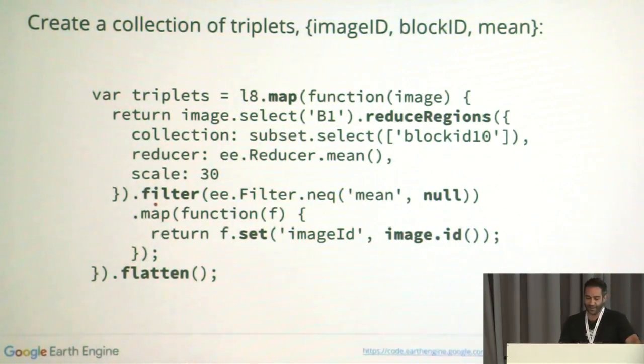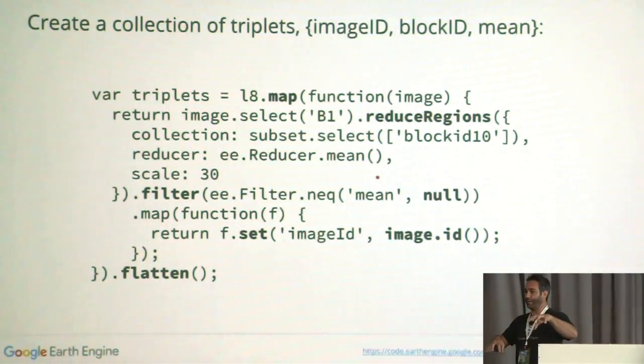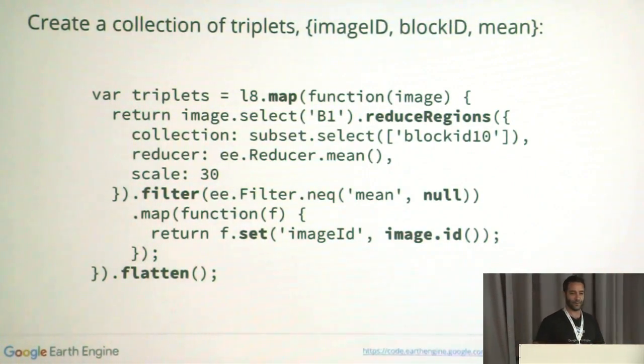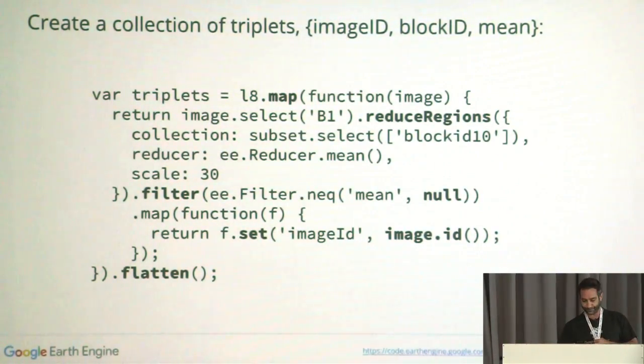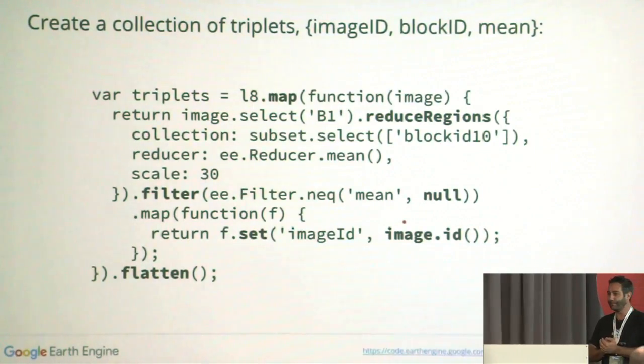Next, filter this to make sure that the output of the reducer is not null. So if you have an image that's not overlapping one of your polygons, we want to eliminate those points. And map a function over the result to just set the image ID on each one of those reduced regions.